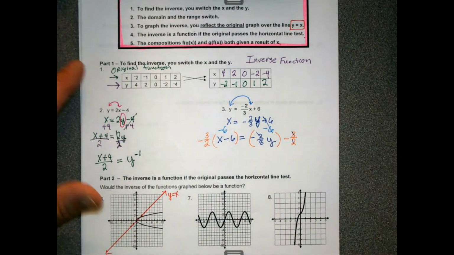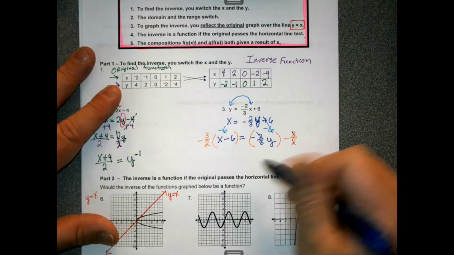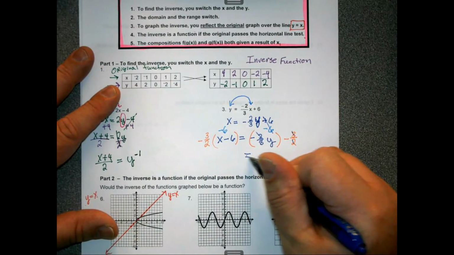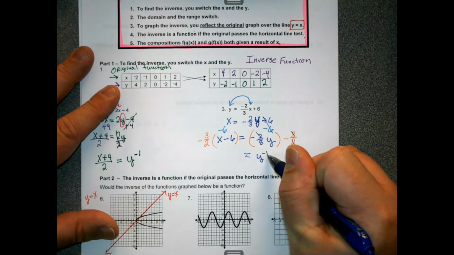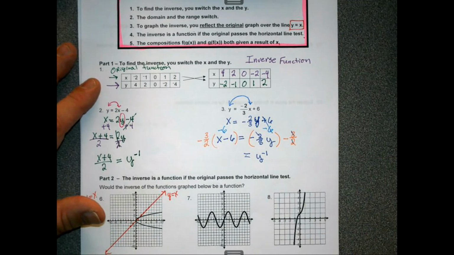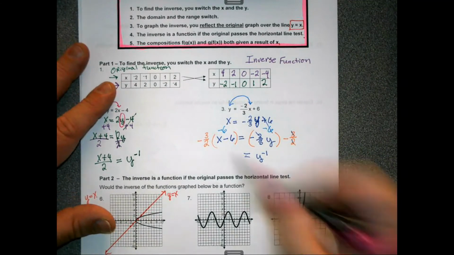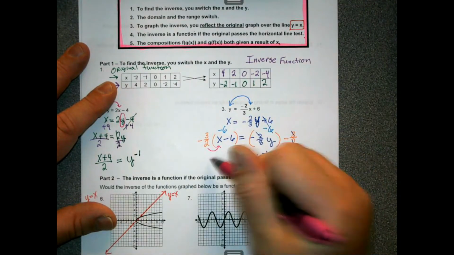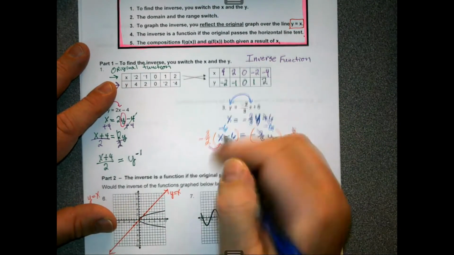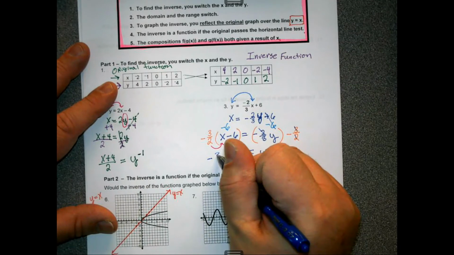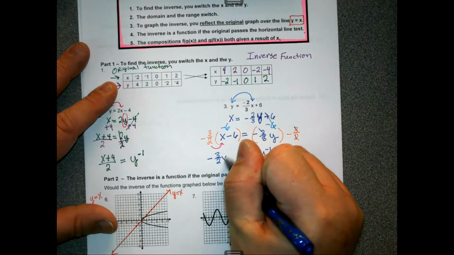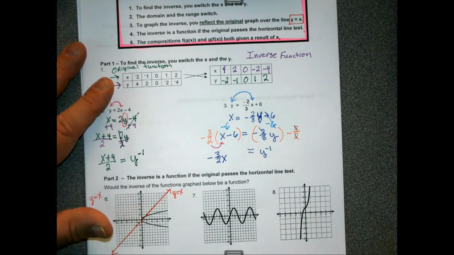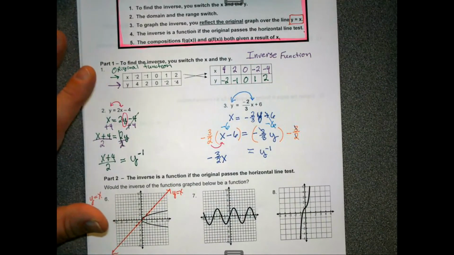You say you don't like us that much? So here's my y inverse, right? We should distribute that. -3/2 x, right? And what's negative 3/2 times negative 6?